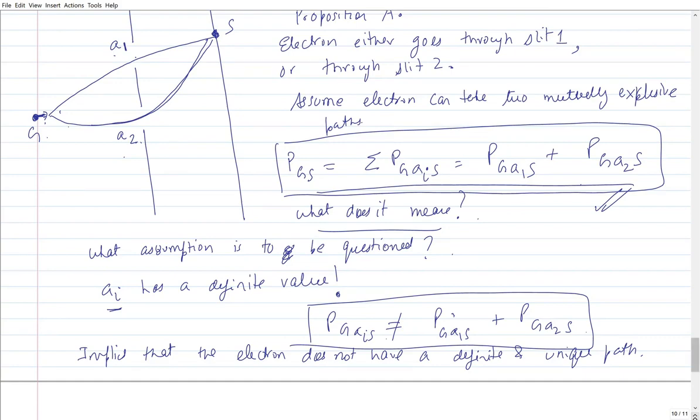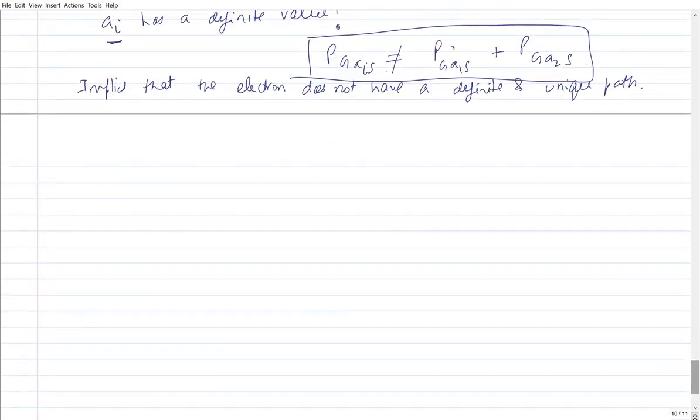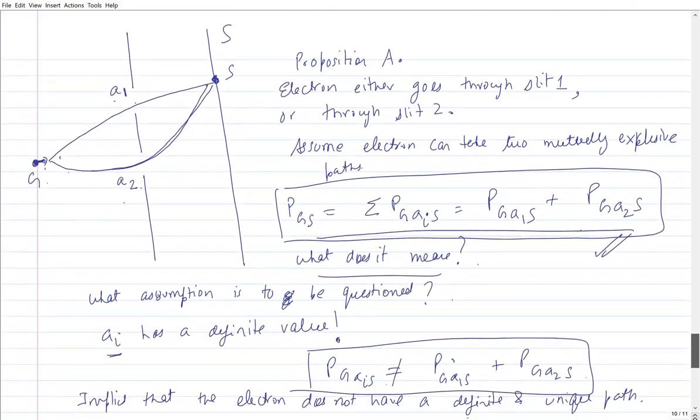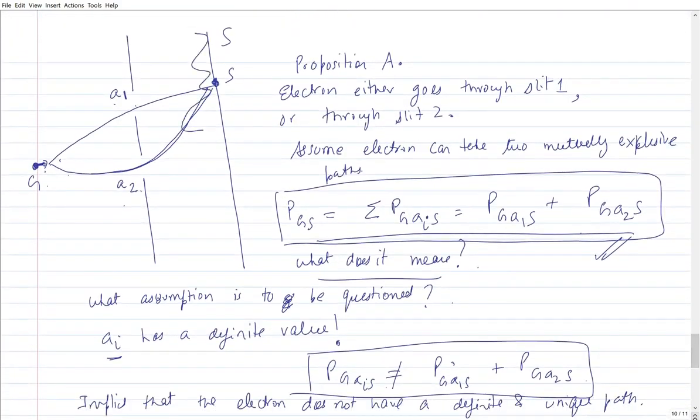So this essentially is the essence, the heart and soul of the double slit experiment. To make sense of the experiment, we still need to make sense of the experiment. What the heck is going on? How do we explain my interference fringes, for example?